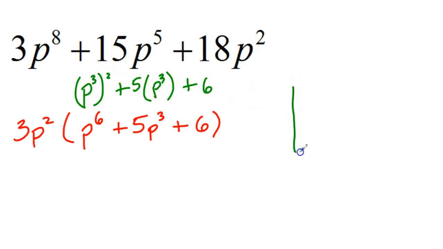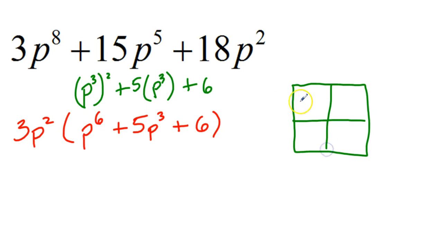Let's come over to our box and see if we can factor out what's in the parentheses. Okay? See if this feels familiar to you. I've got a p to the 6th and a 6. I'm going to split this term in such a way where the terms add to 5 and multiply to be 6. Sounds like 2 and 3 to me, right?